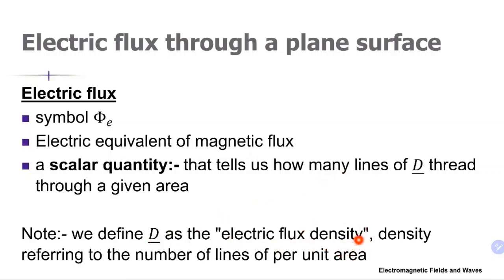Density means the number of lines per unit area. So density is how many of the electric field lines are going through a particular area, and that's what density means. Okay, so the electric flux density refers to the number of lines per unit area, and that's what the electric flux density that we introduced actually means.